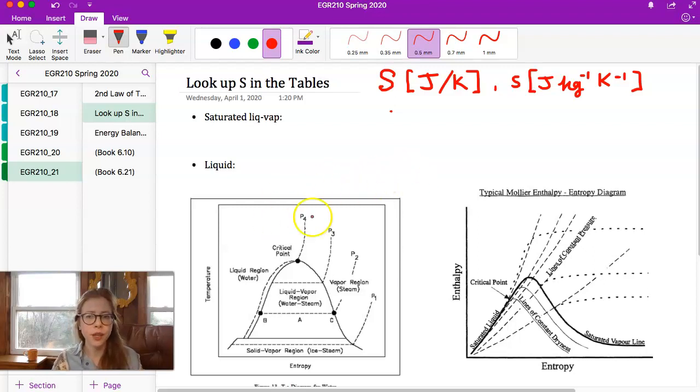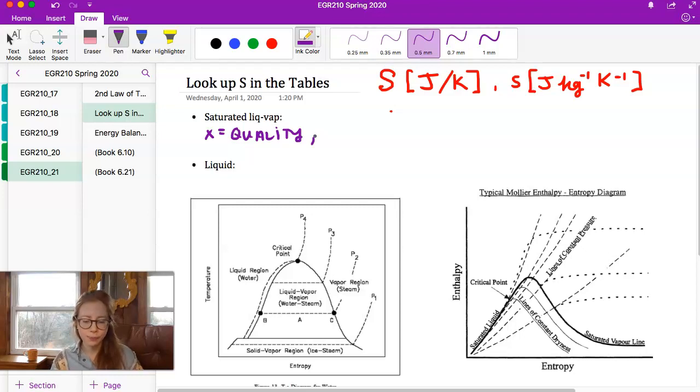So if we were going to look up entropy in the liquid vapor saturation tables, we have to know the quality X. So we use the saturation data, and X is the quality. So just the same thing that we've done with quality, with specific volume, with internal energy, with enthalpy.